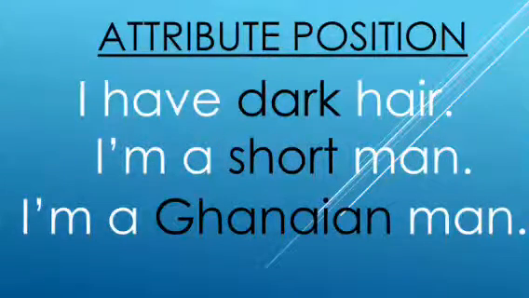In our earlier discussion, we mentioned that adjectives that fall before the noun are said to be in the attributive position. So our first 3 sentences, I am a short man, I am a Ghanaian man, I have dark hair, are said to be in the attributive position.